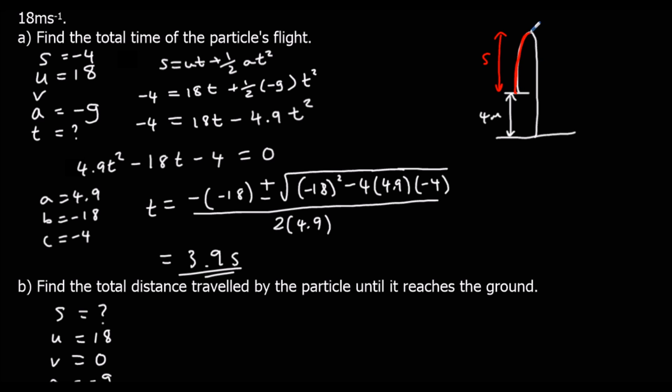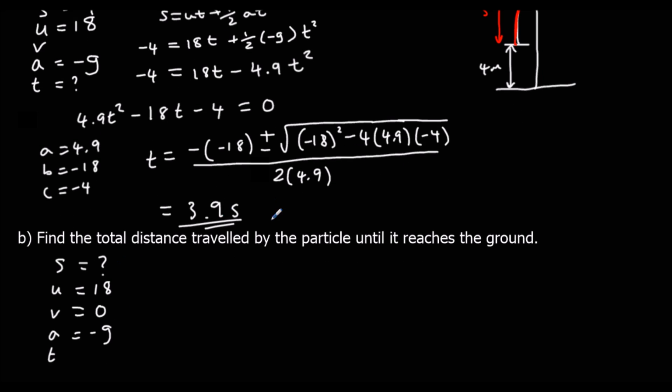So it'll go S, then S, and then 4. So if we work out this S, we'll have 2 of those plus 4 meters, and that will be the total distance travelled.